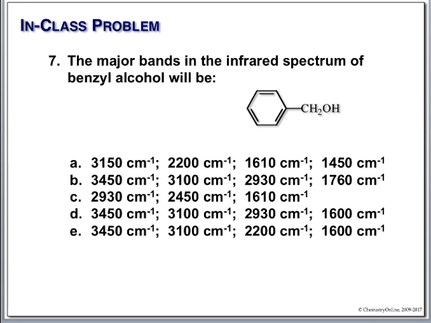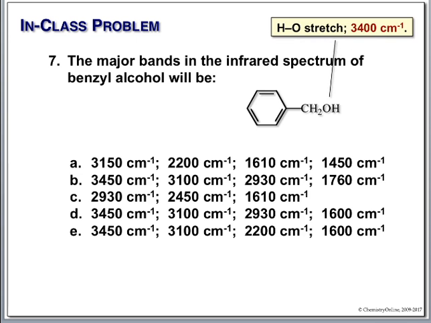At the high end, the first band we would expect to see is going to be our OH stretch. We know that that's a very intense broad stretch, usually centered around 3,500 reciprocal centimeters. So we're looking for that.